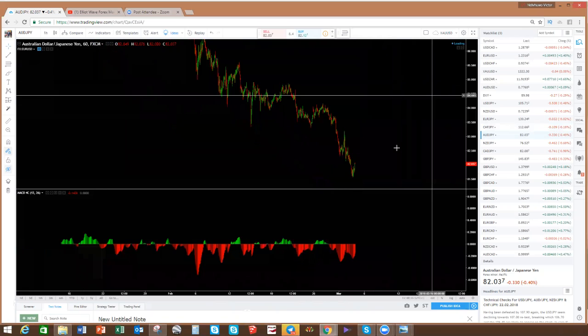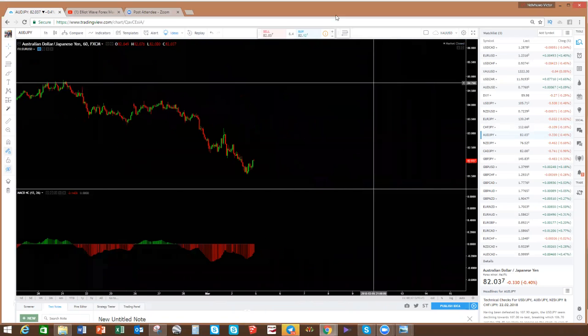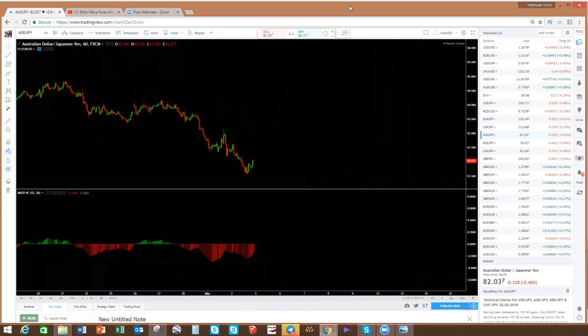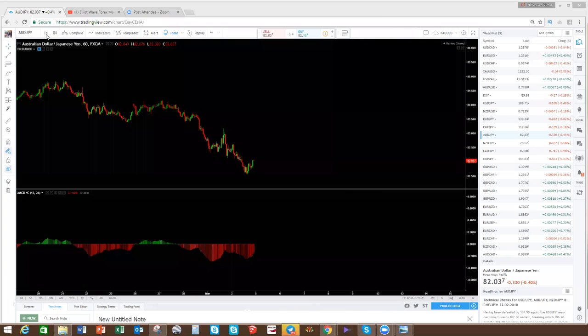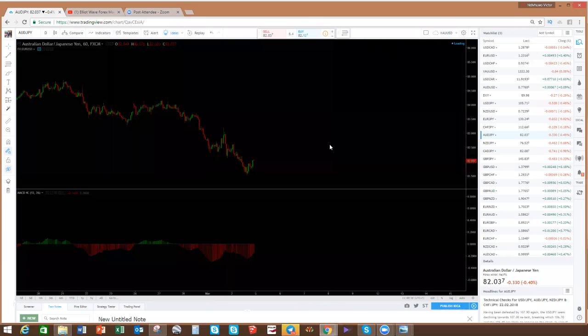This is what we had last week. Where were we last week? We were here. We had these ones. We were looking for this correction for a move here, but it just reversed there. So it's not time yet. You need to get a clear impulse and a correction for us to say that it has reversed. Let's look at a bit of a higher time frame.